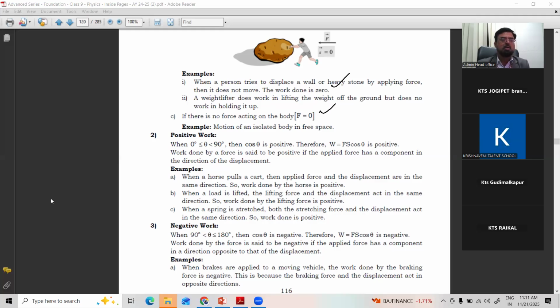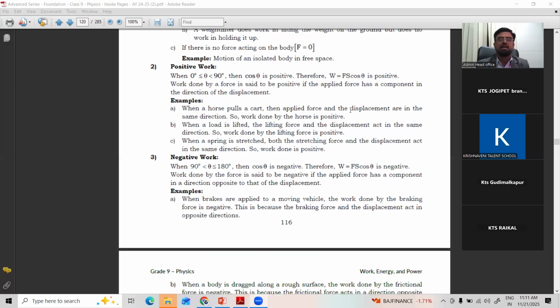Now, the second one, positive work. The second type of work is positive work. When theta is greater than or equal to 0 and less than 90 degrees, this comes under positive work. Therefore, W equals Fs cos theta is positive.